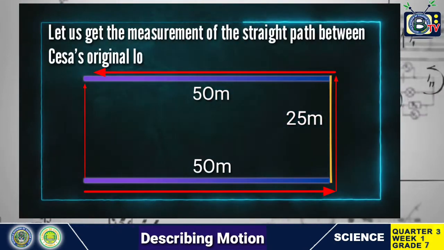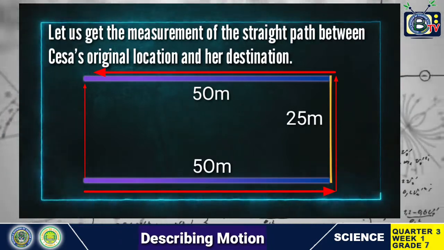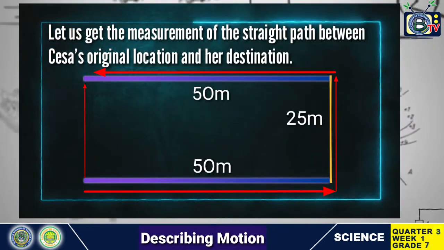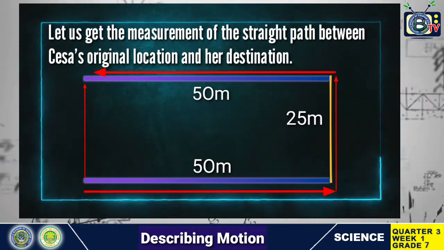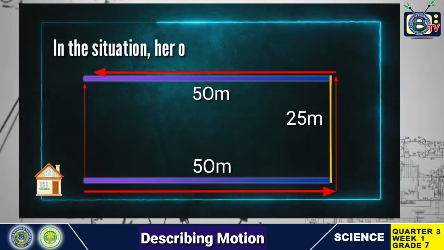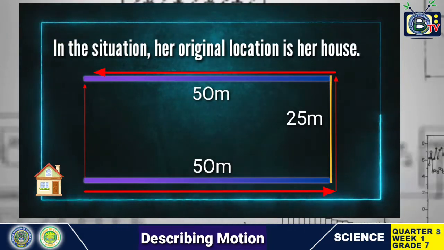This time, let us get the measurement of the straight path between Cecily's original location and her destination. Again, let's make an illustration. In the situation, her original location is her house.